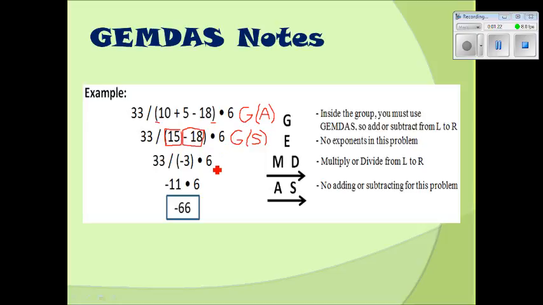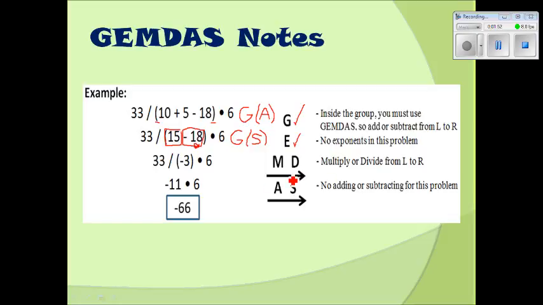Different signs, I subtract. The larger sign's the 18, so my result here is a negative 3. Now that I've solved everything inside my group, I'm left with just one number. My G is complete, and I can look for exponents. I see no exponents, so exponents are good.